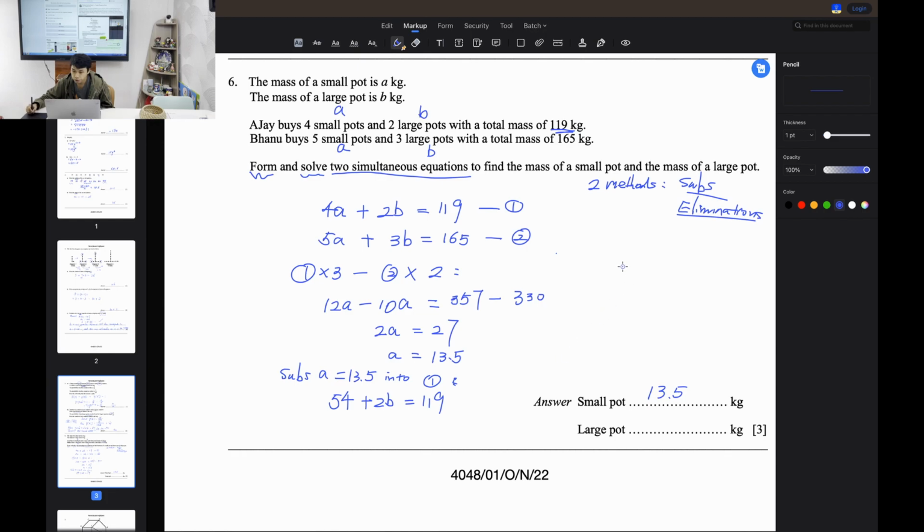So 2B equals 65. So your B equals, divided by 2, 32.5.